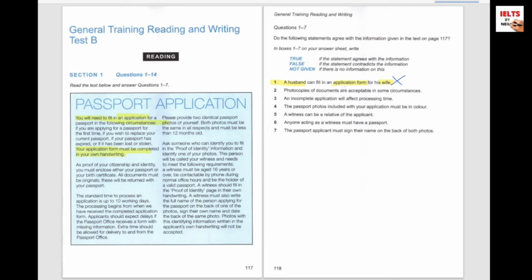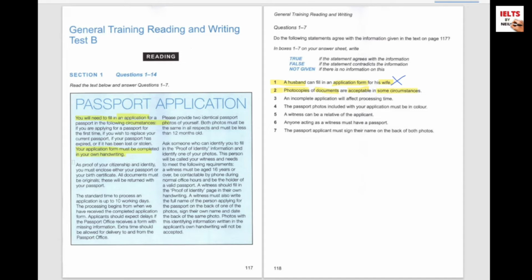Photocopies of documents are acceptable in some circumstances. So we just read the paragraph first. There was nothing about the photocopies, because the keywords here are photocopies, acceptable, or you can say documents also, and in some circumstances.